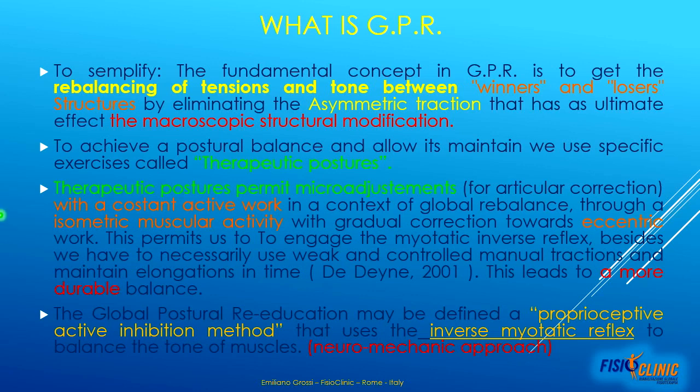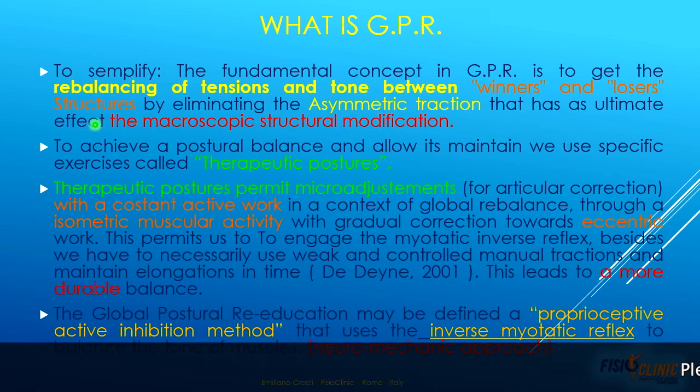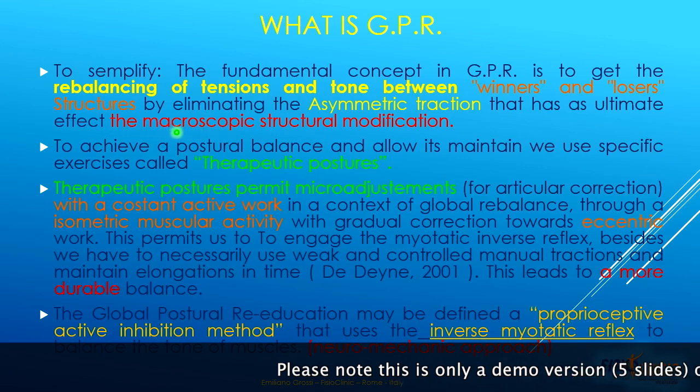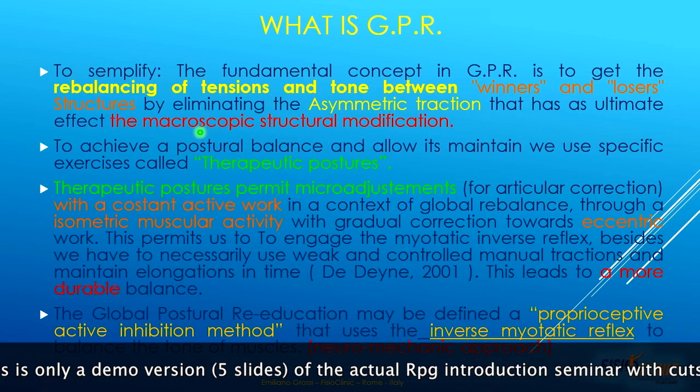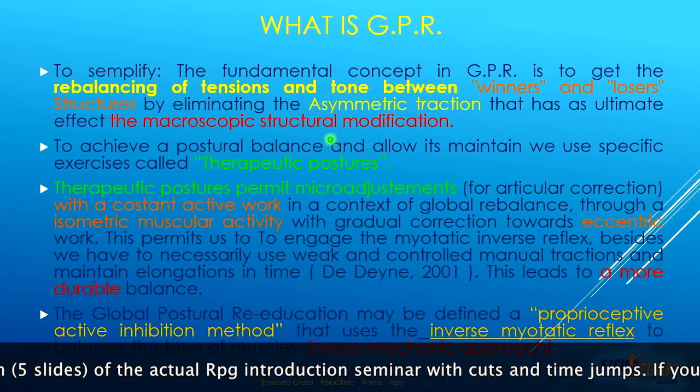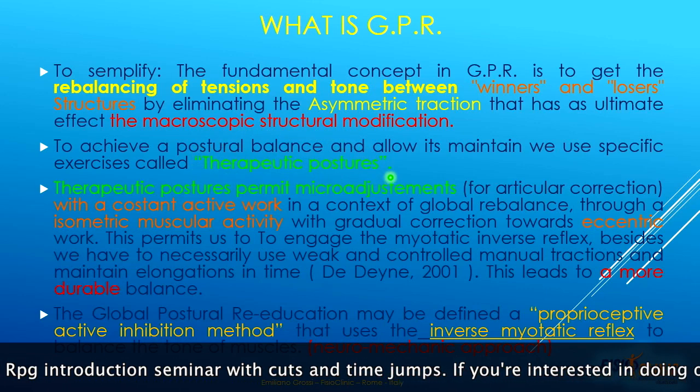And if we can find those structures, can we rebalance the tensions and tone between these, let's call them winner and loser structures, by eliminating the asymmetric traction that has as an ultimate effect the macroscopic structural modification, so postural modification? To achieve a postural balance and allow its maintenance, we use exercises that are called therapeutic postures.